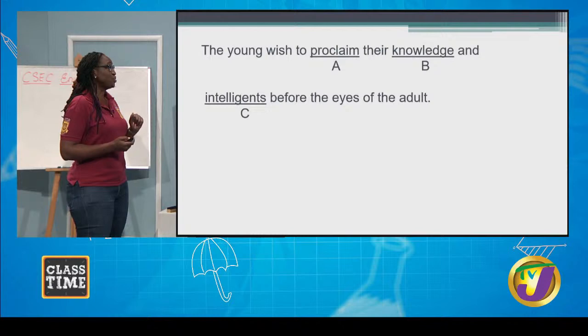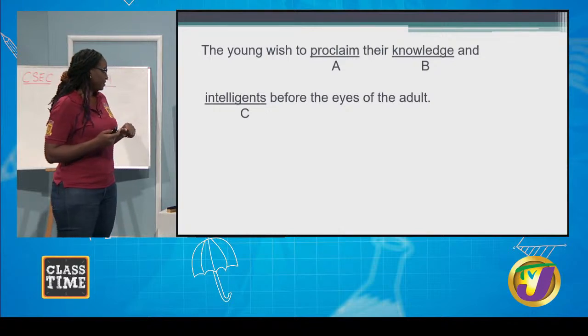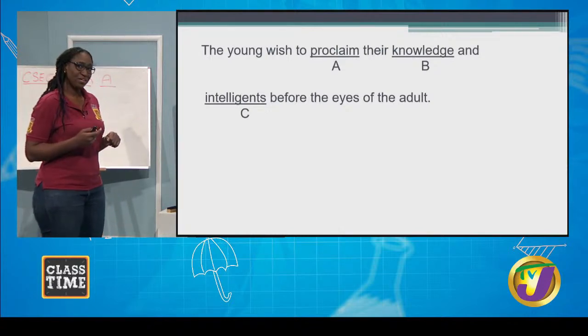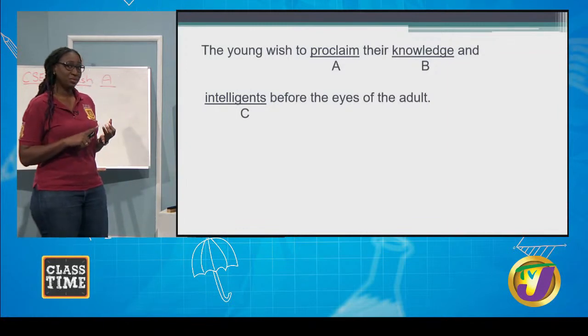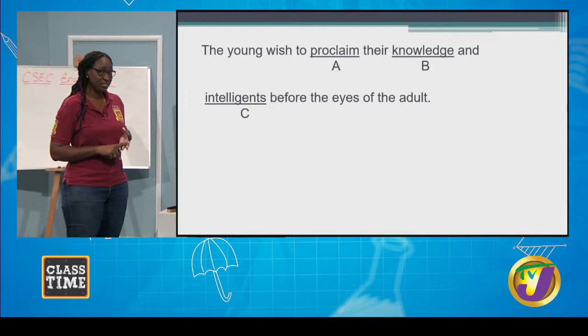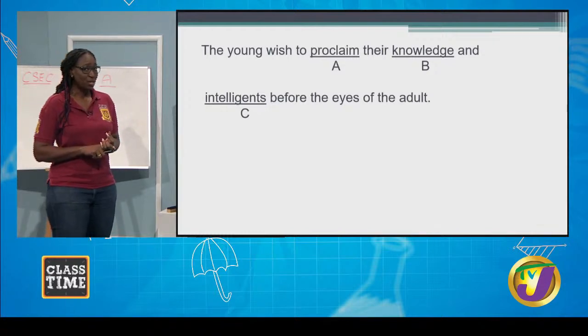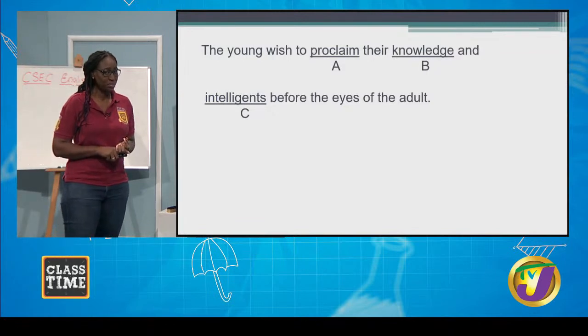The young wish to proclaim their knowledge and intelligence before the eyes of an adult. Keywords now: proclaim, knowledge, intelligence. Look at those words carefully. Are they all spelt the way they ought to be spelt?